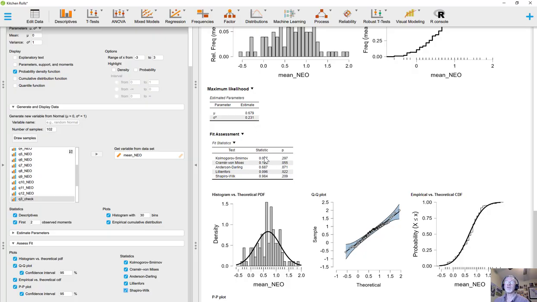We get 5 different tests that have been developed. The ones that you see in SPSS, or the KS is what I call it, because I don't like trying to say Kolmogorov-Smirnov test, so I just call it the KS test. You notice that one's not significant at all. The Shapiro-Wilk also shows up in SPSS, and that's 0.209.